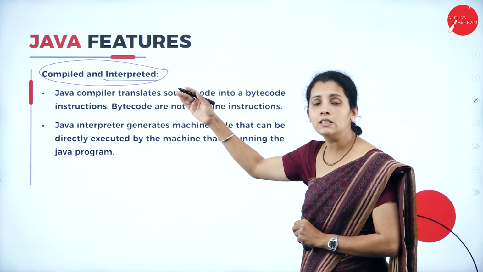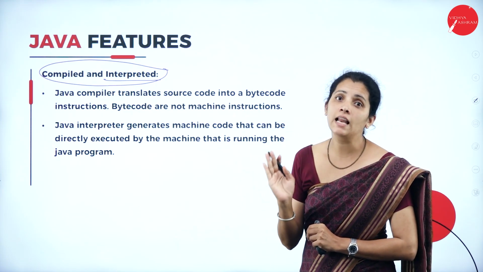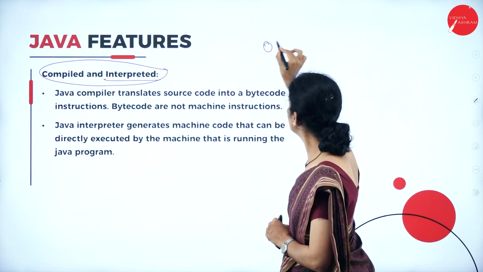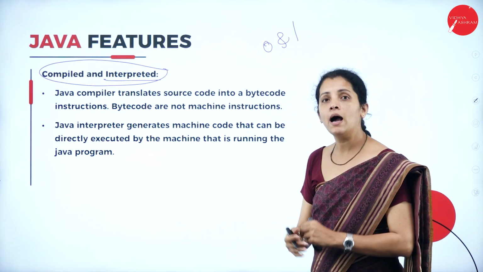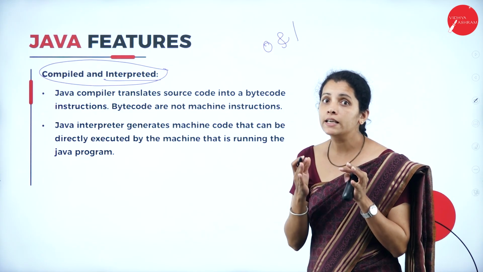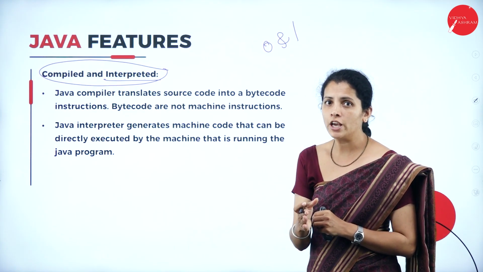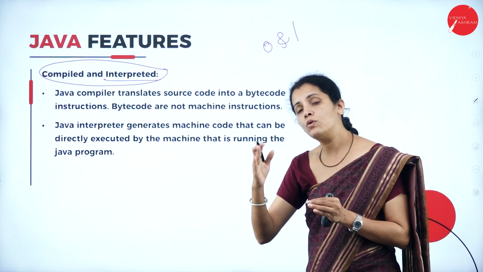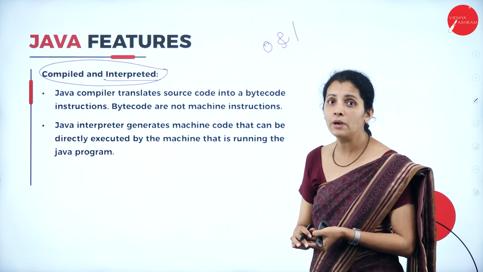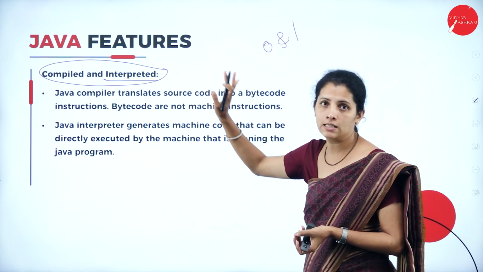Now, computers are able to understand only machine language, that is 0 and 1. And whatever program I write is in the form of a high level programming language. Now, I want to convert this high level programming language into machine level. For that, I require a translator.